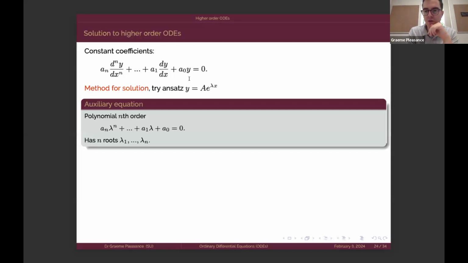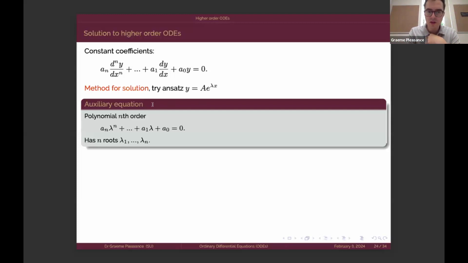So this makes for a good ansatz, an ansatz being a good guess for what might be a solution to this equation. We can start with a function of this form, where a and lambda are just unknown constants at the moment.